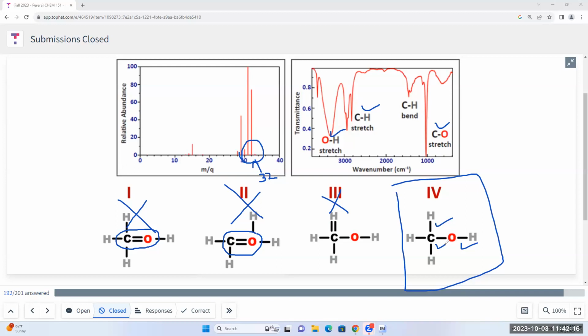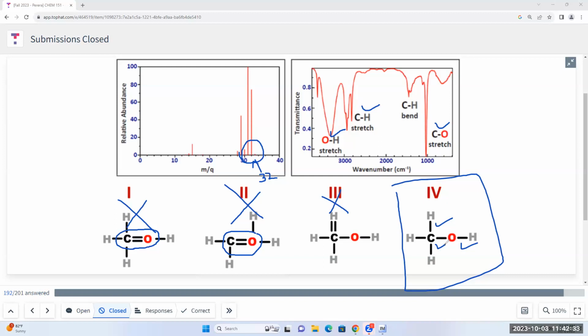Okay. Now, we are going to revisit IR spectra and determining the bonds in a molecule with IR spectra a little bit later. But for now, this is what I want you to do.